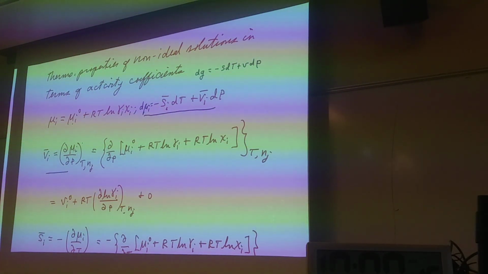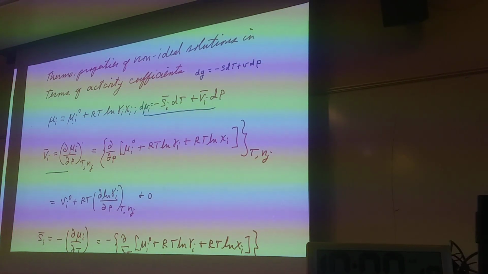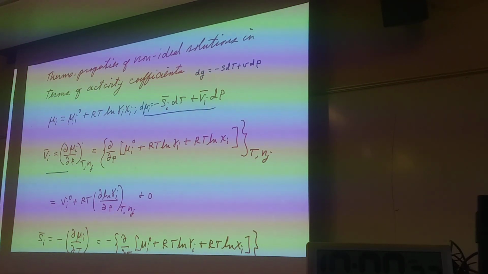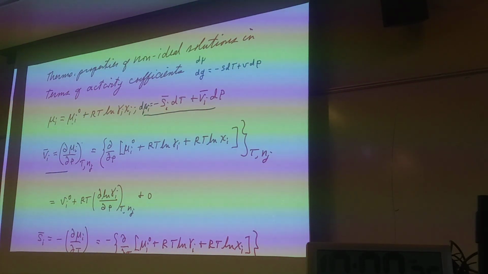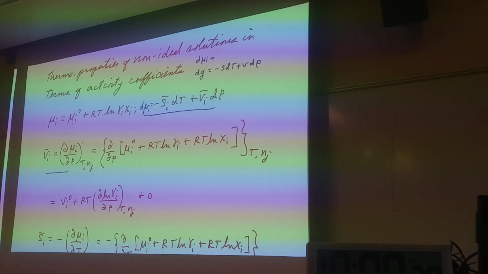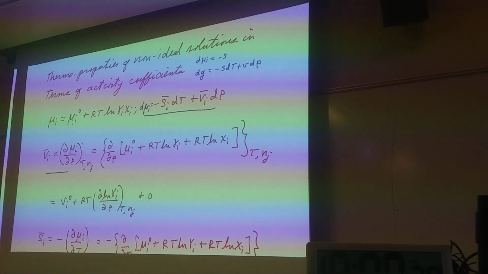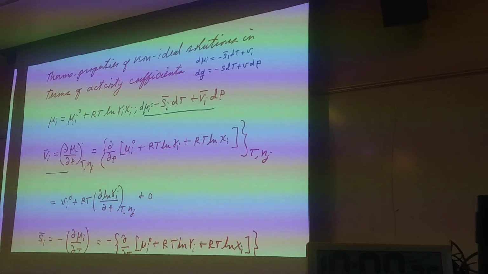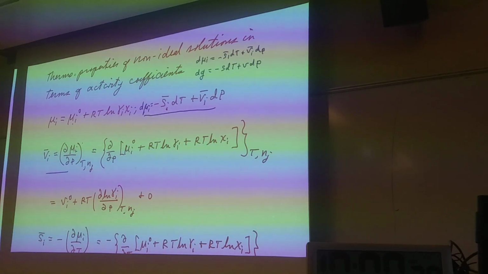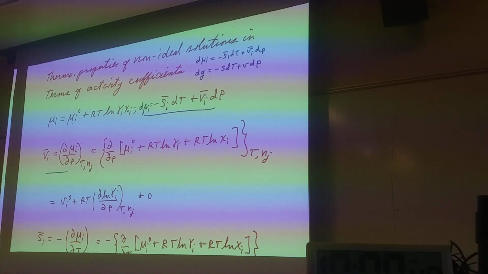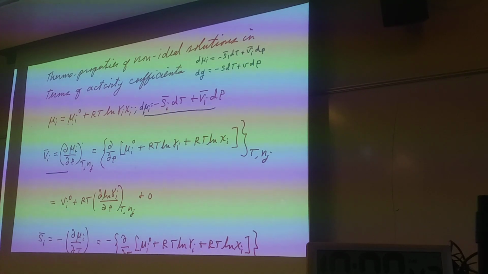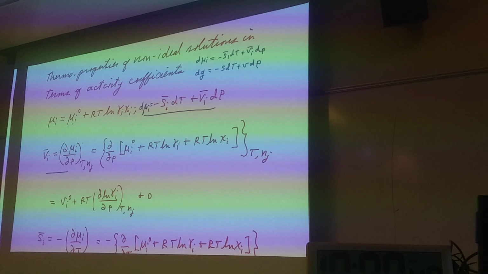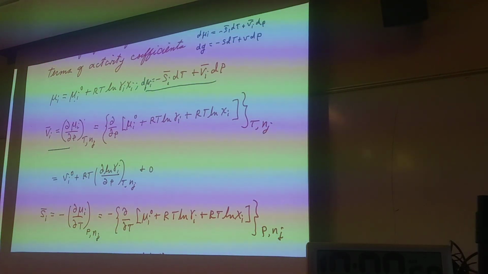Now I can apply that to partial molar quantities, and that means I'm going to turn this thing into mu i, but then I need the corresponding partial molar quantities up here. Is that okay? Okay, so once I've got that, now I can build derivatives out of it. If I write it all out, I find I don't have space here.